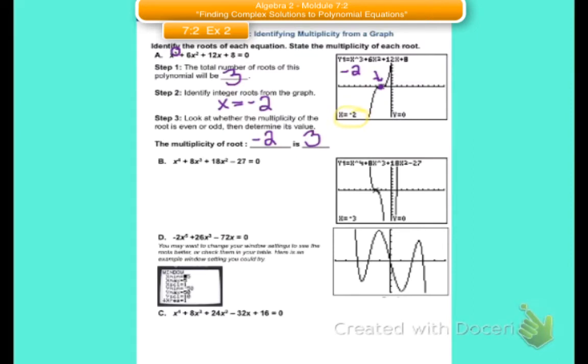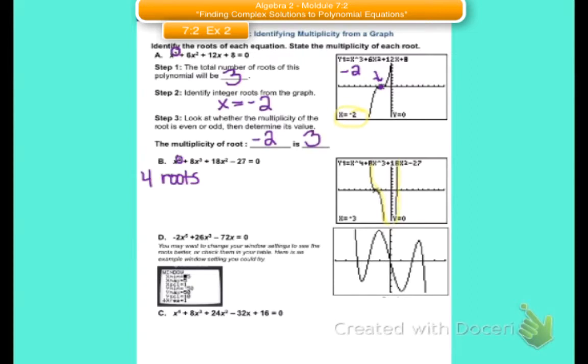You see this graph, and it is of x to the 4th plus 8x cubed plus 18x squared minus 27. So I am looking for 4 roots, and I know that because the degree is 4. And if you look at the graph, it looks like it comes down and dips down here below where I can see it, but then it comes back up like this.